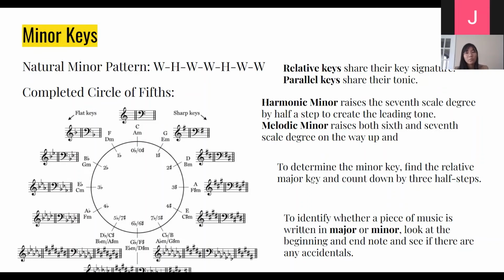If it's C, for example, and there are no sharps or flats, you would know it's probably C major. But if there's a G sharp within the piece, then you would know it's A minor because they purposely put this leading tone into the piece. Sometimes you can't really determine it from the beginning and end notes alone.